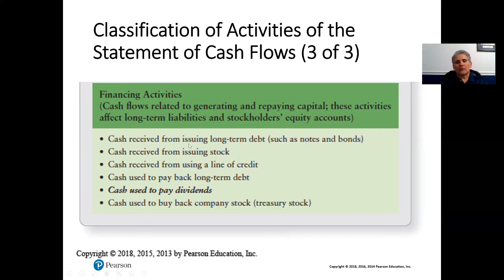Those are money coming in. And then cash used to pay back long-term debt. That's money that's been used. Cash used to pay dividends, and cash used to buy company stock, such as treasury stock. So those are all inflows and outflows associated with financing activities.